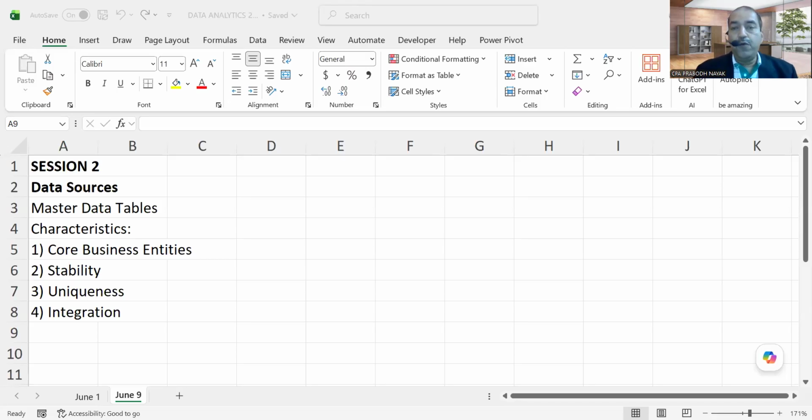So this is what we have as master data tables. So we can have the classification there also, like we can have a customer table, a product table, a suppliers table, an employees table, a location table. So these are the different categories that we can classify the master data table.